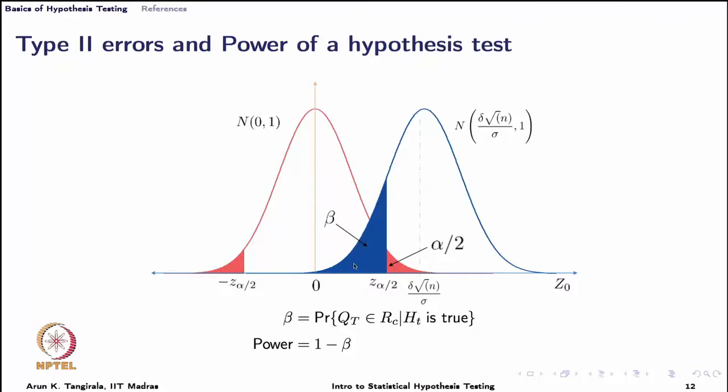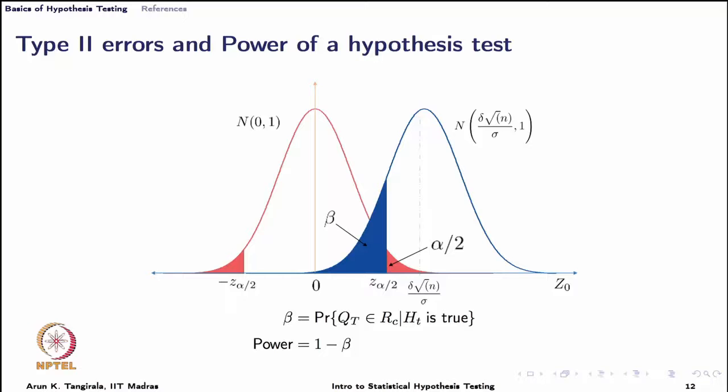rejected, because Z is going to be less than Z alpha by 2, but we have to calculate that probability when HT is true. What is HT? The true hypothesis, which we have not specified. We have specified a different hypothesis in the form of null. So, it is a conditional probability that we are calculating.